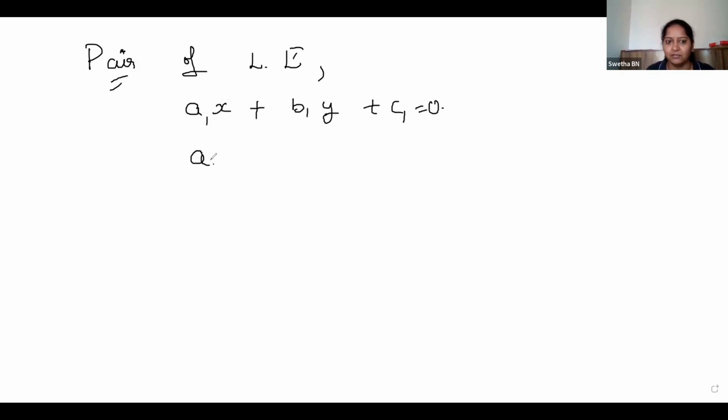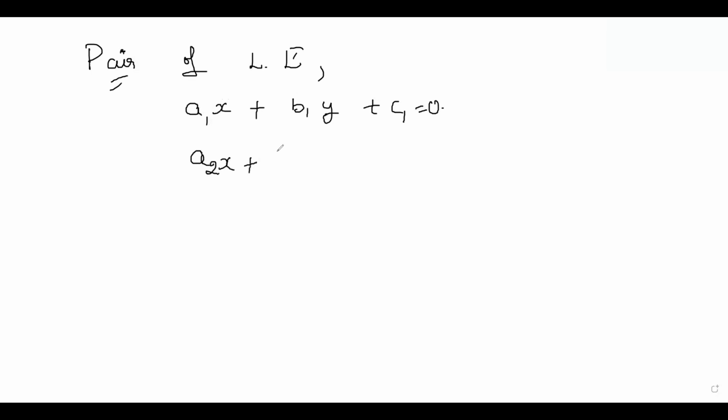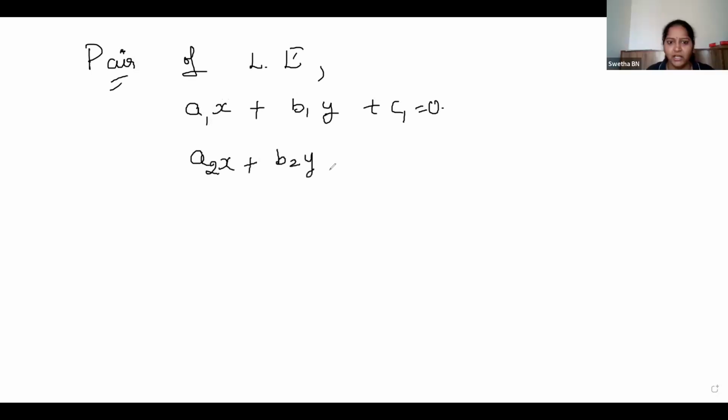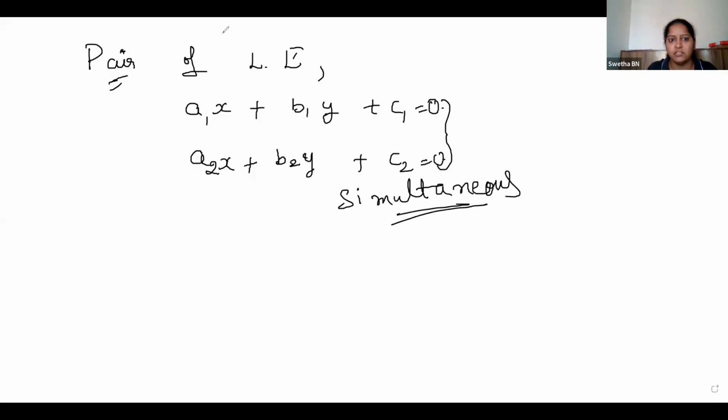A2x plus b2y plus c2 is equal to 0. Very good, Panchami. So these are called a pair of linear equations and are also called simultaneous equations. Don't confuse, both are the same. A pair of linear equations is called simultaneous equations, children.